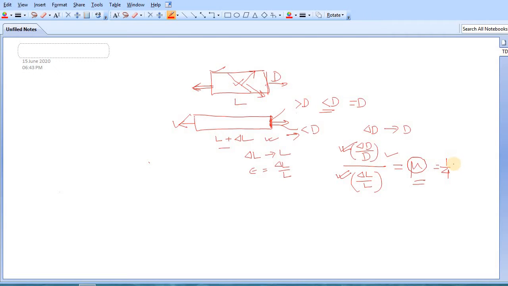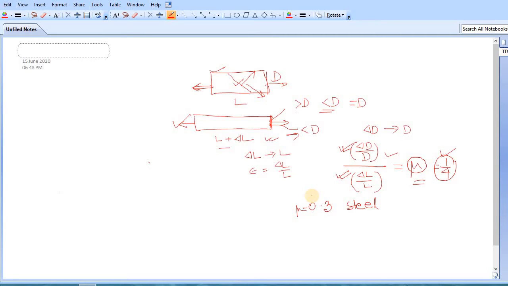In real life, this value is almost 0.3 for steel. This mu value is 0.3.